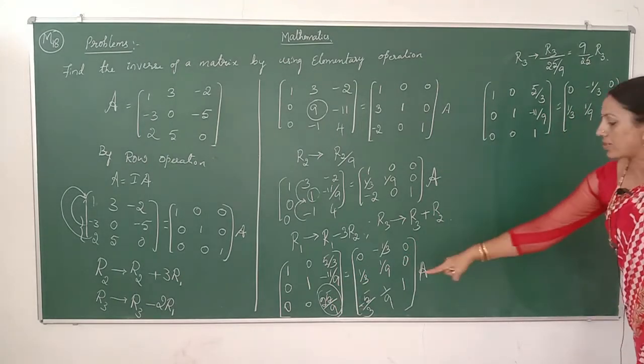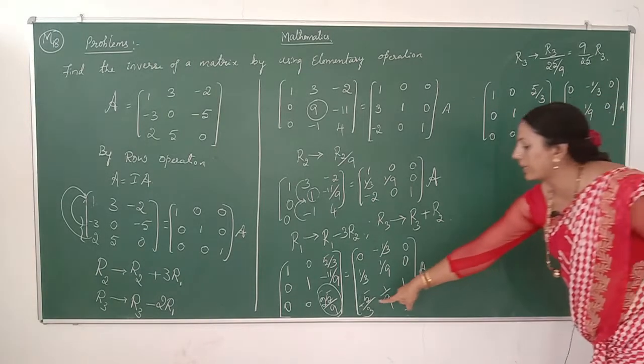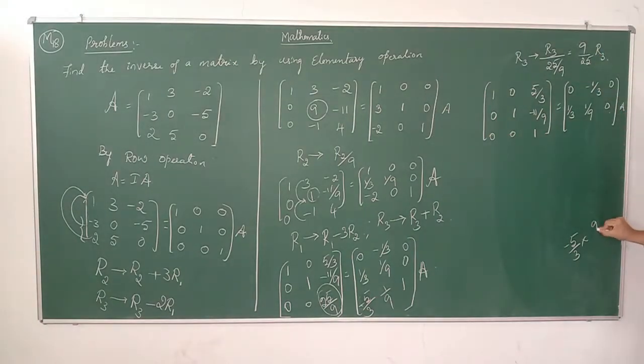Similarly, in the RHS, minus 5 divided by 3. R3 is minus 5 divided by 3 into 9 divided by 25. Simplify: 5 ones are 5, 5 fives are 25, 3 ones are 3, 3 threes are 9. That is plus into minus is minus 3 divided by 5.